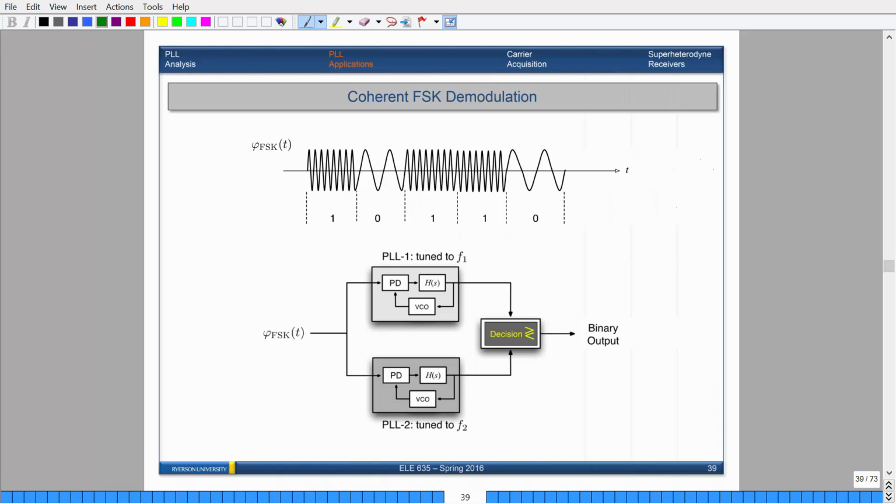If you put your signal through here and the first one has a lower error compared to the second one, then you output a 0, and if it's the other way around, you output a 1. So this is a very basic way to demodulate what's known as frequency shift keying, which changes the frequency of your carrier depending on the binary bit. So 0 is a lower frequency and 1 is a higher frequency.